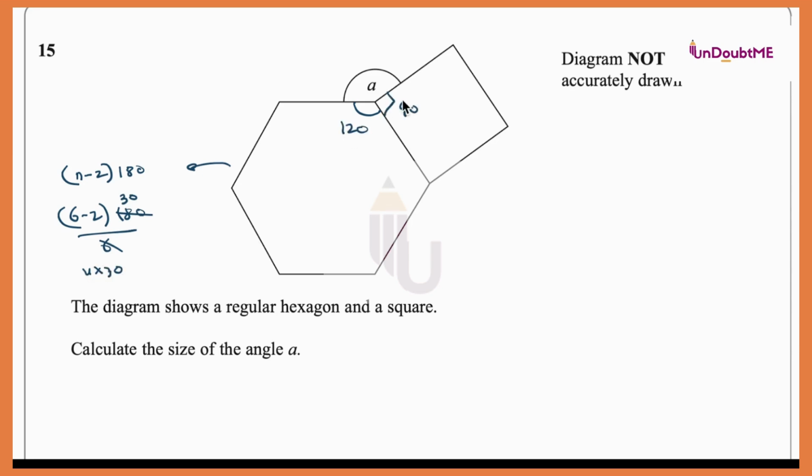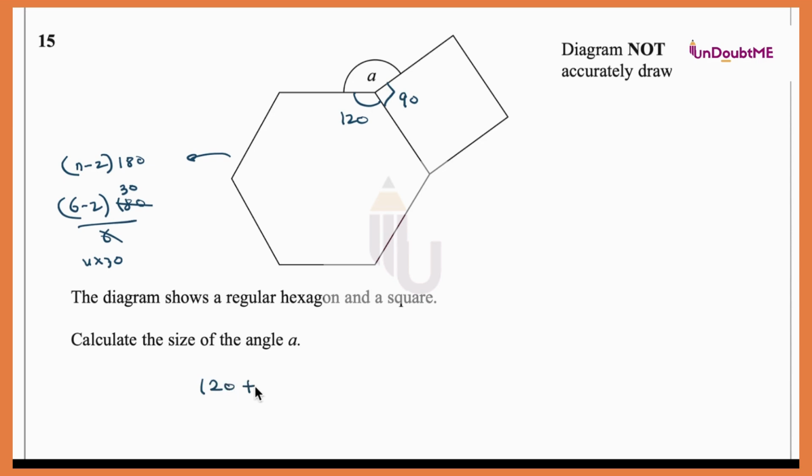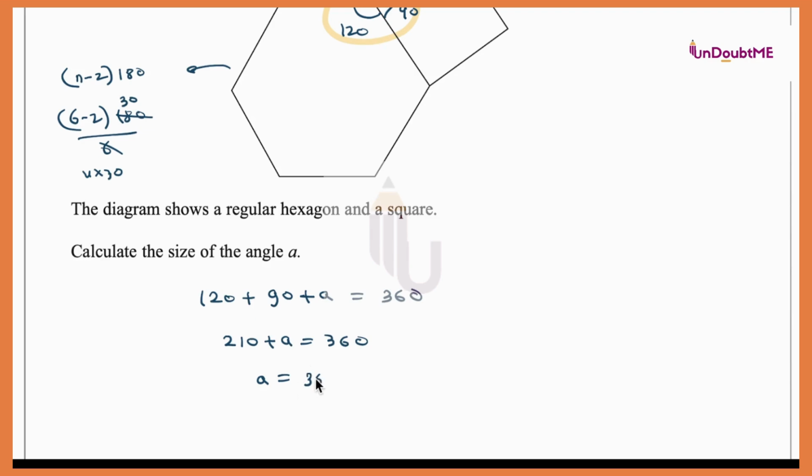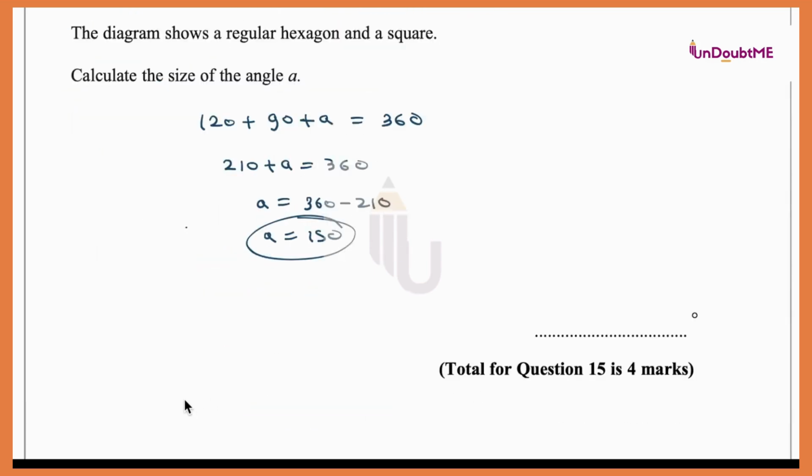This is a square, so 90. Now 90 plus 120 plus A is equal to 360 because overall this angle will be 360. That gives 210 plus A is equal to 360, so A is 360 minus 210, that is 150, and that is the answer.